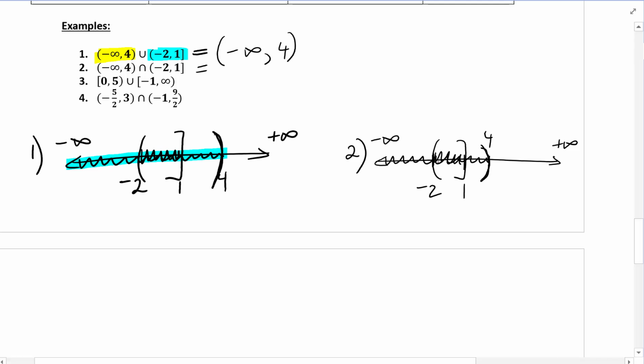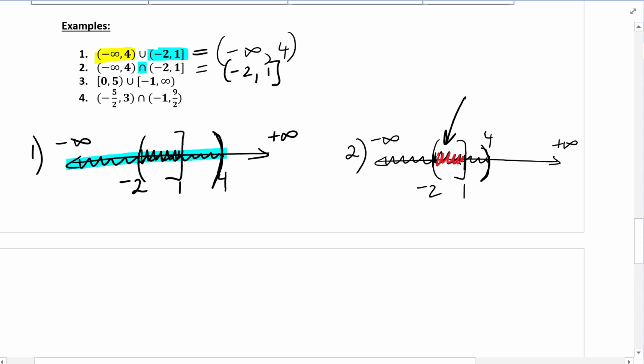So I could shade the region in between with red. So now, because they ask for intersection, so the common part, I'm going to look for the interval where they overlap. So where I have black shaded lines and red ones. So that would be in here. So the intersection is negative 2, 1.